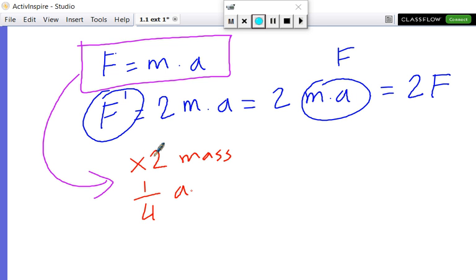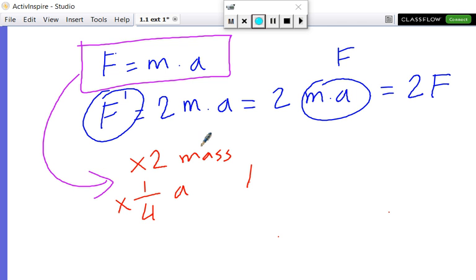The mass is double the original, the acceleration is a quarter of the original, what will be the new force then?